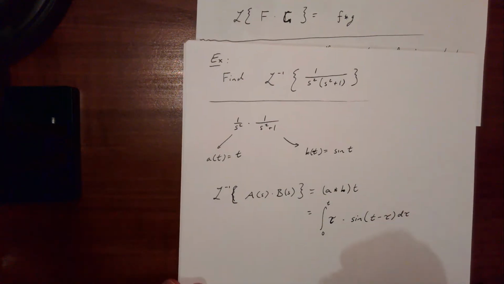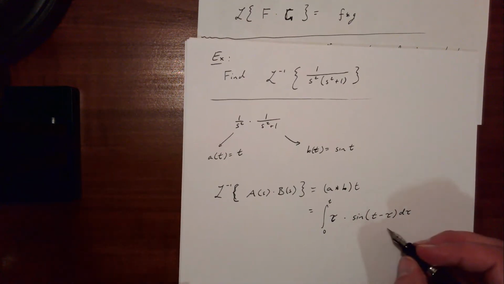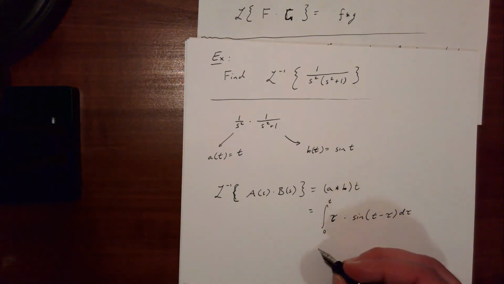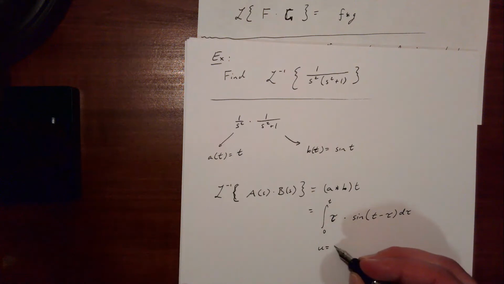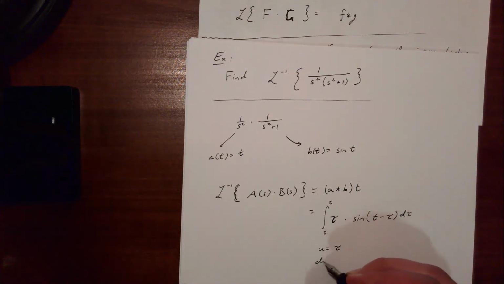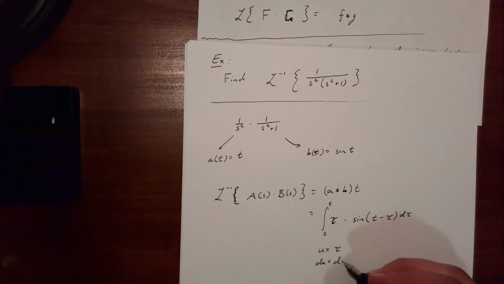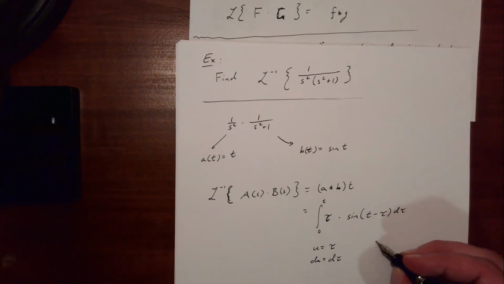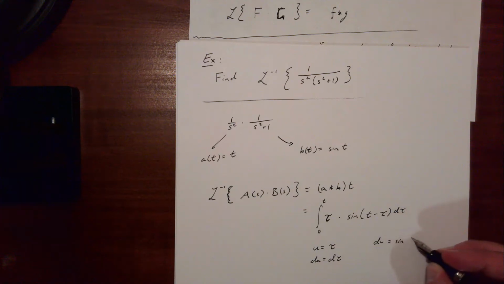All right, well, how are we going to integrate this? Let's use some integration by parts. So u will be equal to just tau, which means du would be just d tau. Okay, so far so good. dv will be sine of t minus tau.